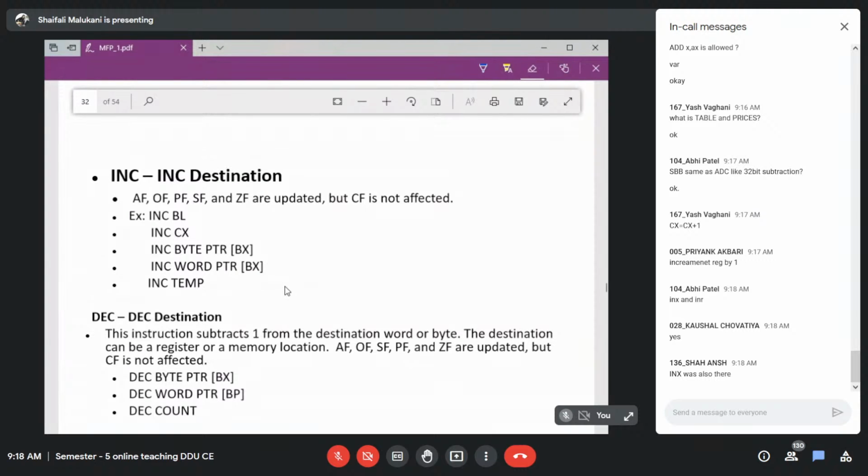So you can increment not only 8 bit or 16 bit registers, you can also increment the memory location pointed by a variable, or a location pointed by index registers, or any other register even. So what is this? You know, this byte pointer we took yesterday. Can you understand this instruction?